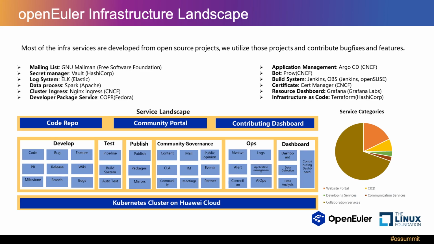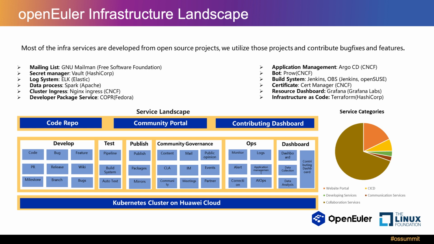Let's take a look at the openEuler infrastructure landscape. We can find there are so many excellent and mature projects that can be used to set up the whole infrastructure for our community. So, take a look at this one.